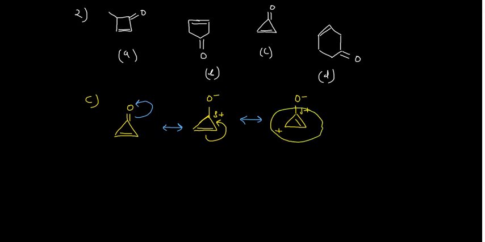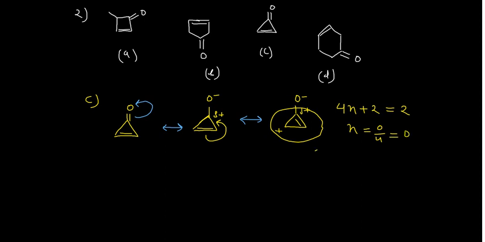For aromaticity you can apply Huckel's rule, 4n plus 2. So how many pi electrons are there? Only 2 pi electrons, because only one double bond is there, so you can write 2 here, right? When you do that, you have the n value of 0 by 4, which is 0.